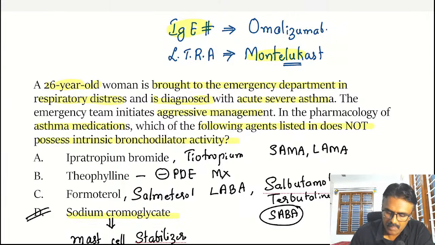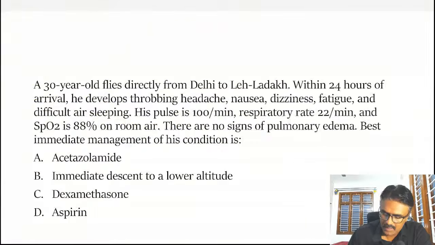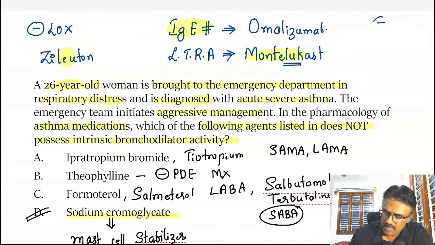Can anybody tell me a drug used in asthma which is a LOX inhibitor? The name is zileuton. You read the name, leukotriene, zileuton. Now tell me something like this: a drug which inhibits the enzyme COX.